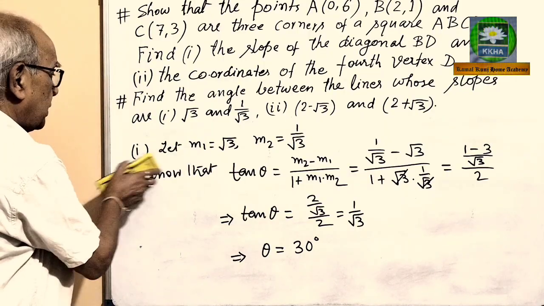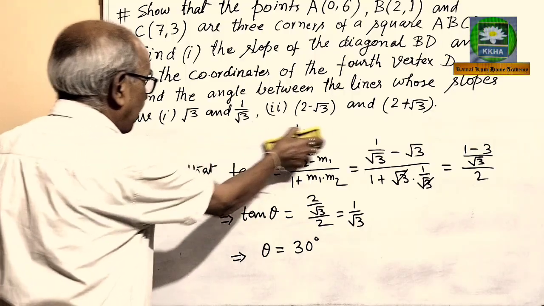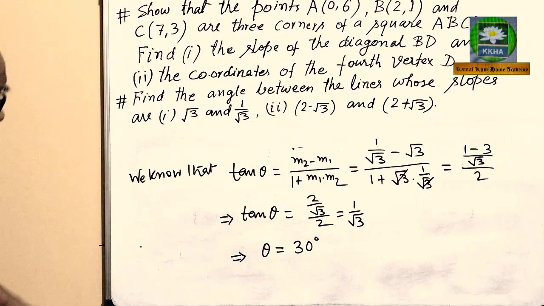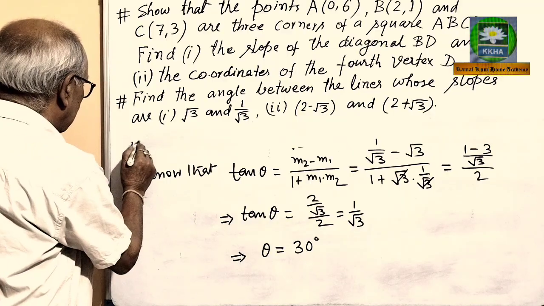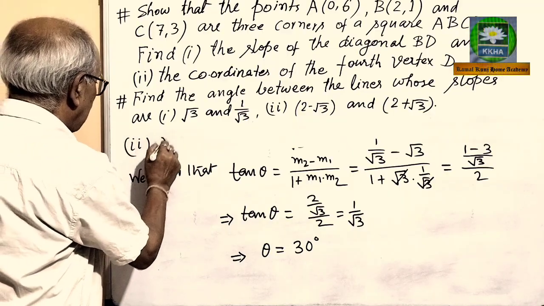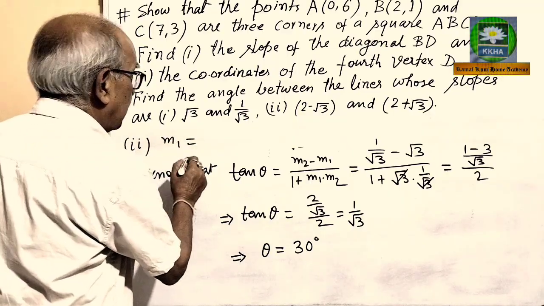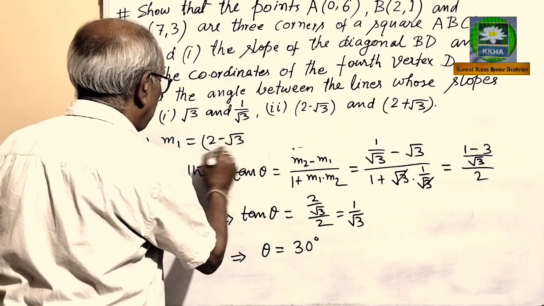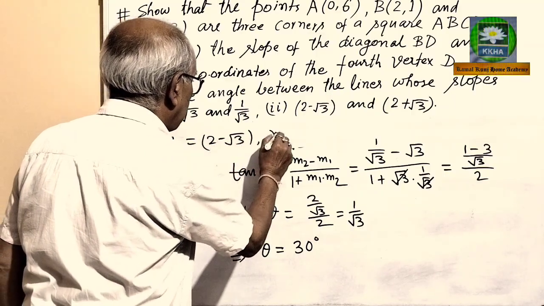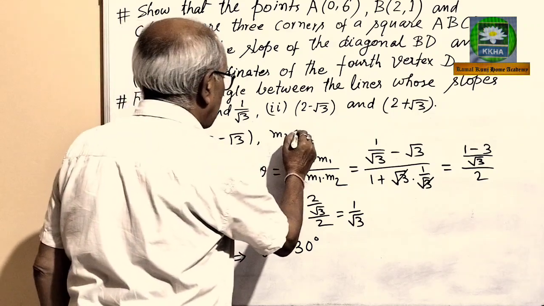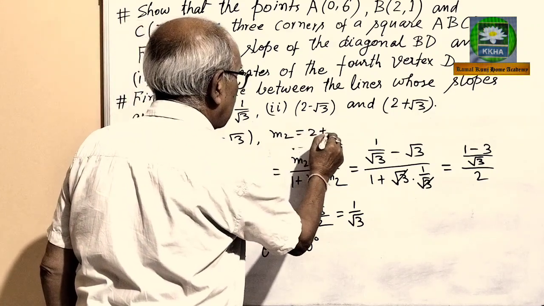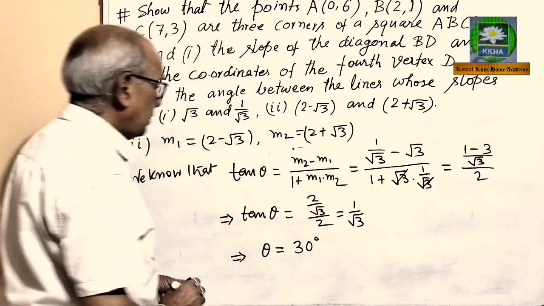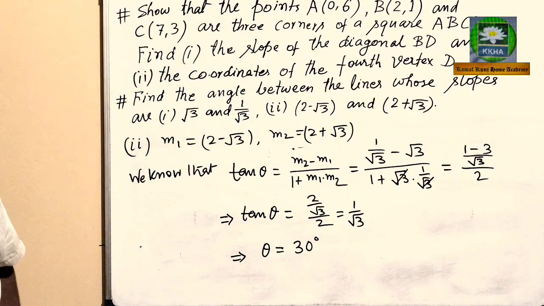Second portion is m1 is equal to 2 minus under root 3 and m2 is equal to 2 plus under root 3. Then we have to find the angle between these two lines.